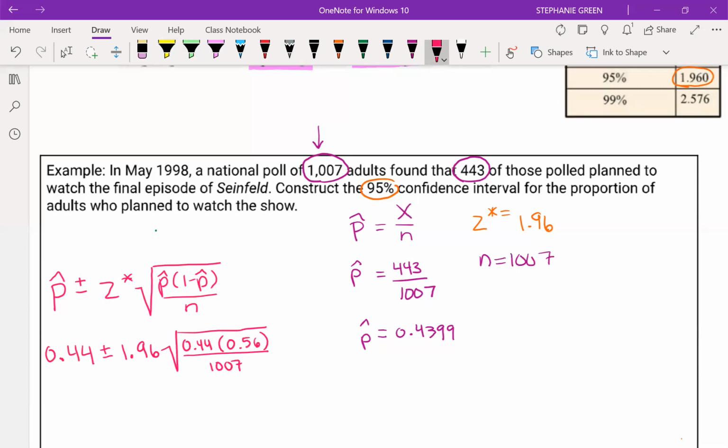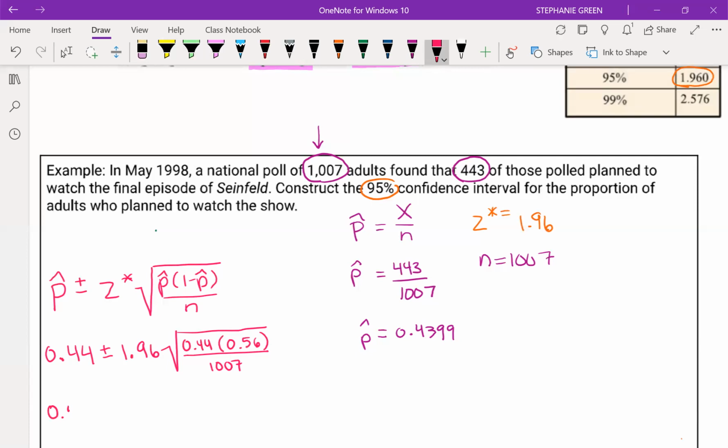And then we go ahead and grab our calculator and start punching in numbers, starting with the numerator underneath of our radical, 0.44 times 0.56, and then dividing by 1,007, and then square rooting. Make sure you follow your order of operations.